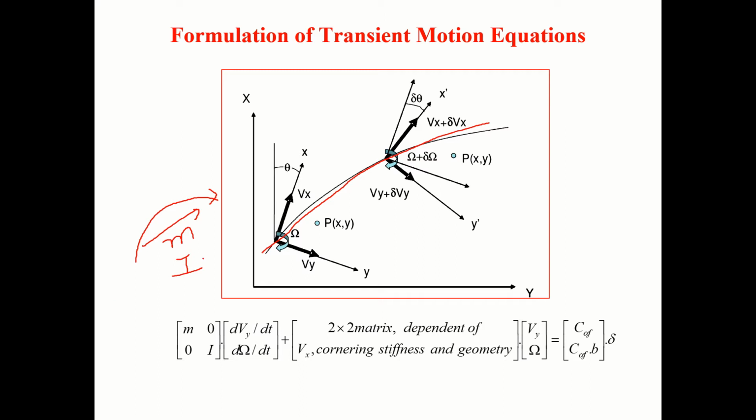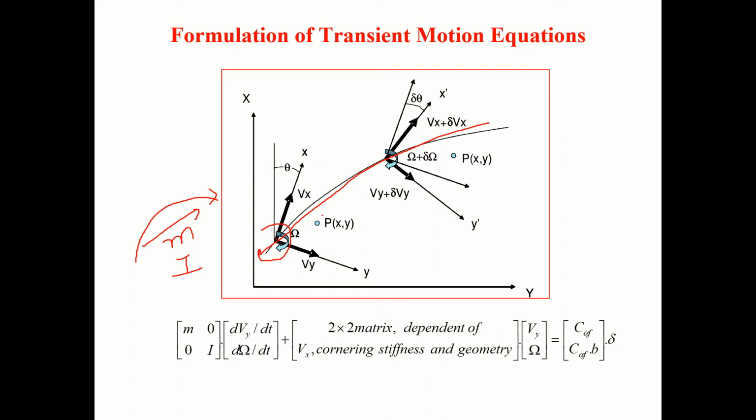So I is inertia and omega is the angular velocity, rotation. And the forward speed v, again it can be in the x direction. I should do it as vx, vy. Okay, these are the coordinates at that point. Then we can resolve about this coordinate system.